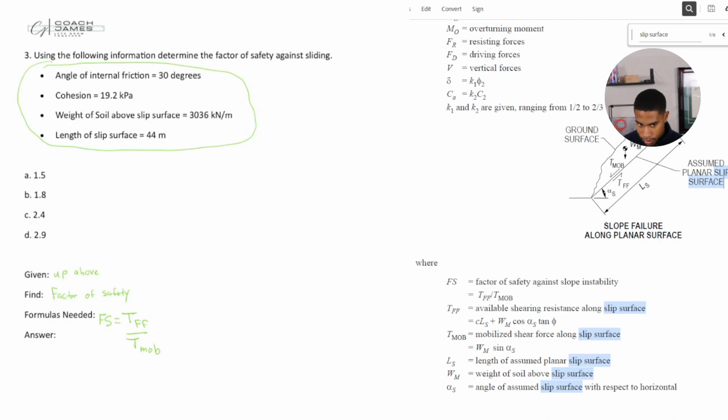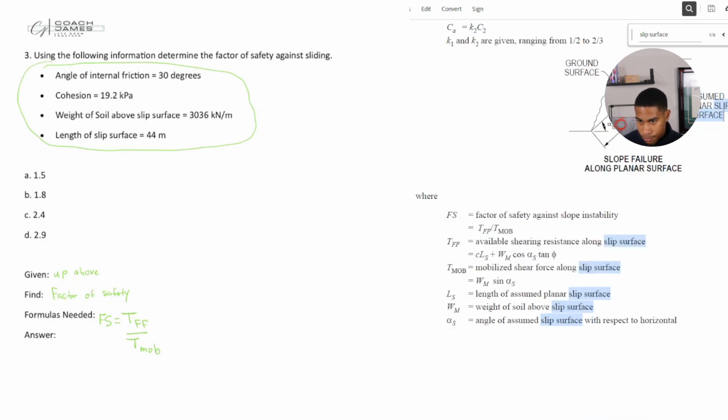Maybe we need to solve for that. Okay, so this is throwing me off a little bit. So maybe we need to start by solving for T mob. Okay, and then if I have T mob, I'll know what angle S is. Angle of assumed slip surface.